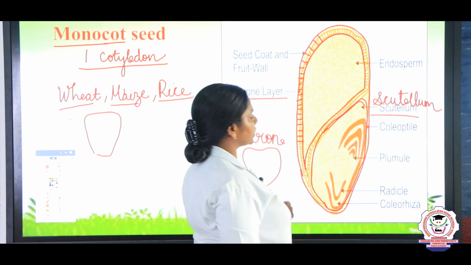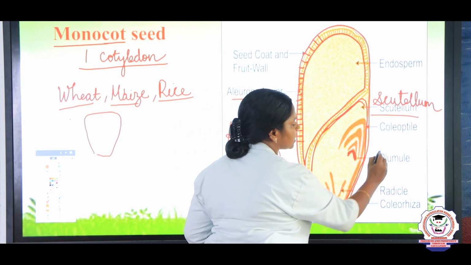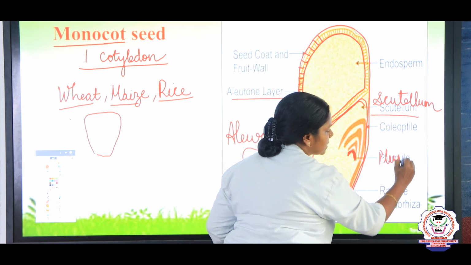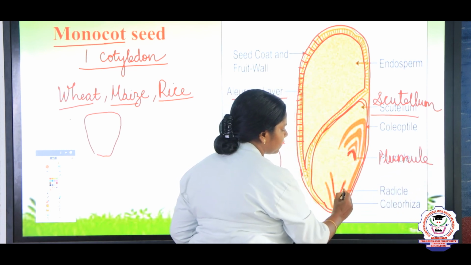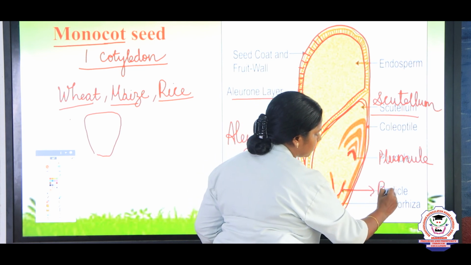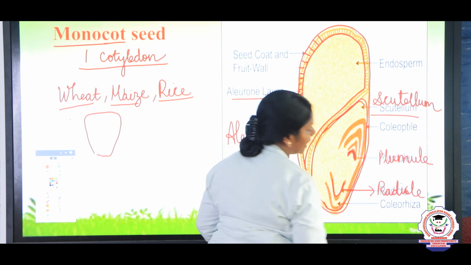And inside the scutellum there is a plumule, which gives rise to the shoot system. Plumule, and below there is a structure called the radicle.